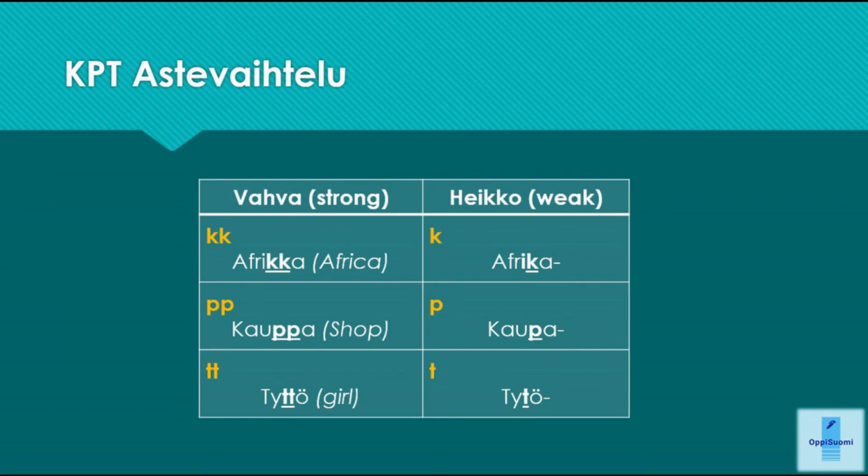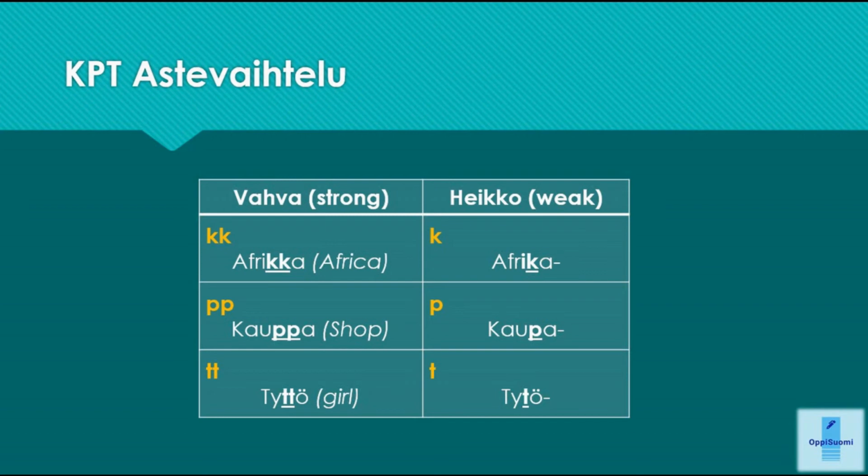So first one, kk into k, and next pp into p, and then tt into t. So you can understand well with those examples I mentioned.